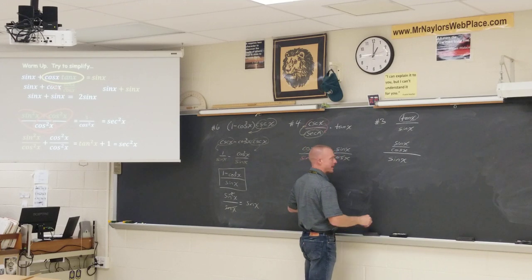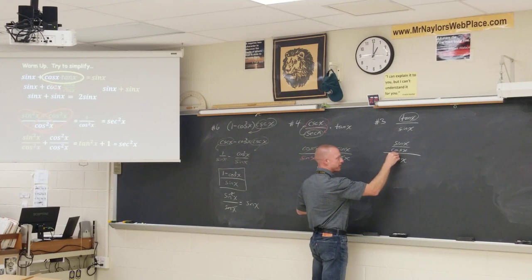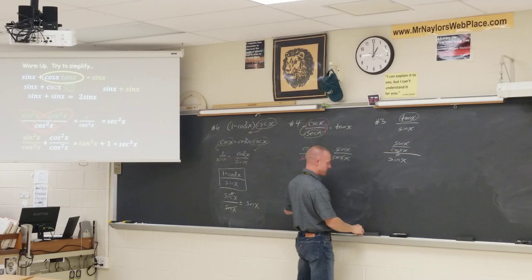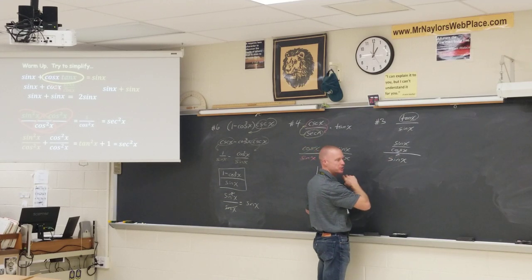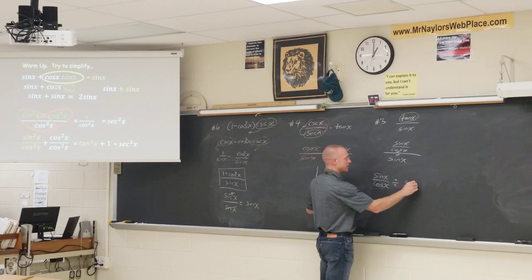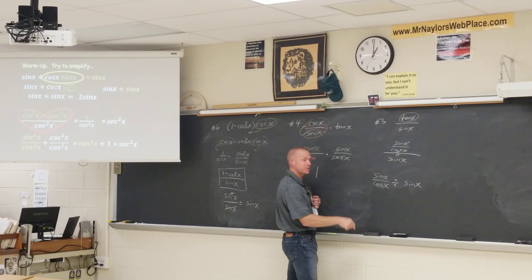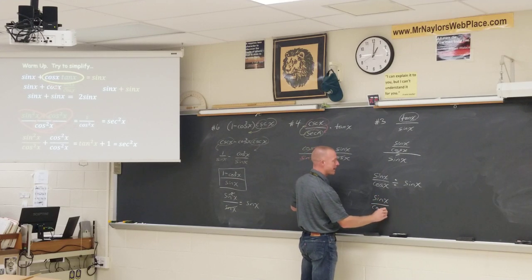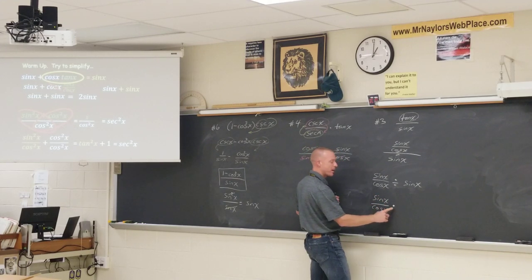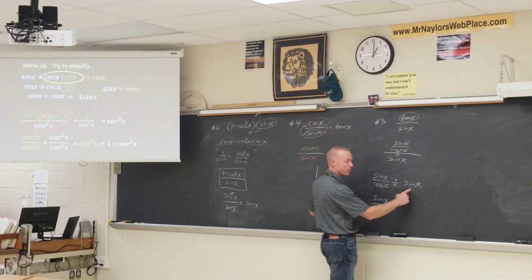Let's focus on this big fraction. It's a division sign, right? It's really like saying top divided by bottom. It's a division problem. I'm going to change this division sign to a multiplication sign. How? Well, by multiplying by the reciprocal.